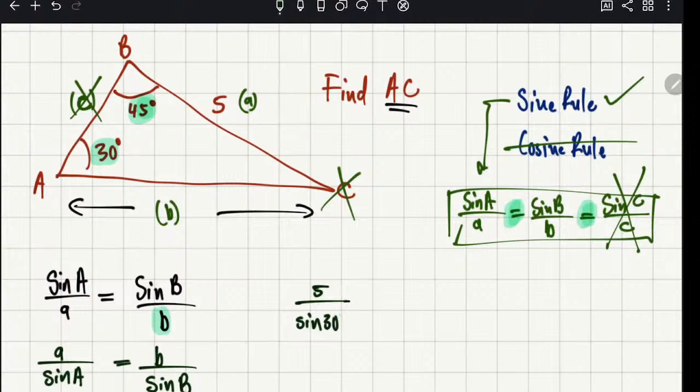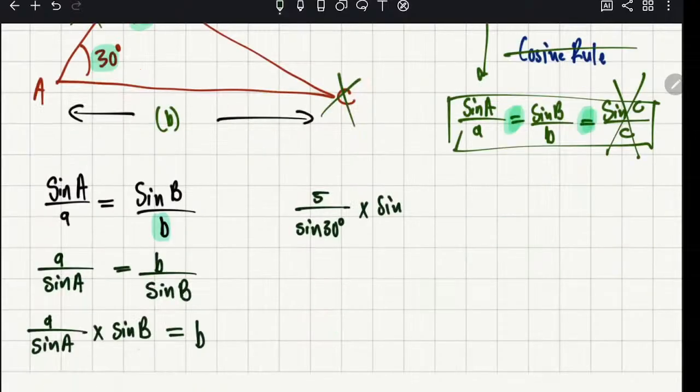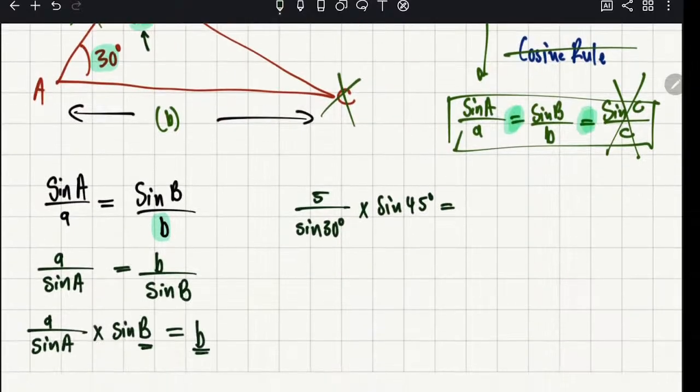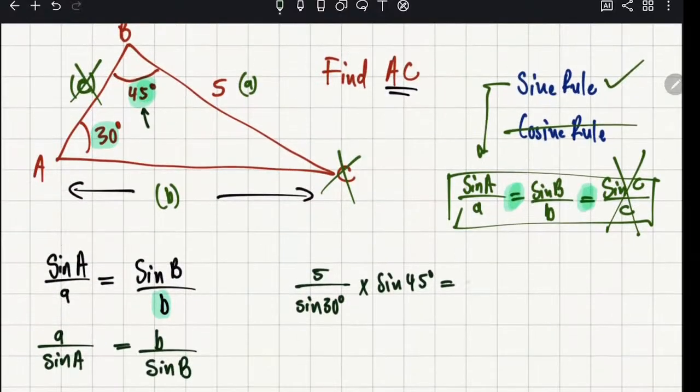Sine of 30 degrees, times sine of big B. And what is big B in here? 45 degrees. This is equal to small b, and our small b is the AC. So punch.